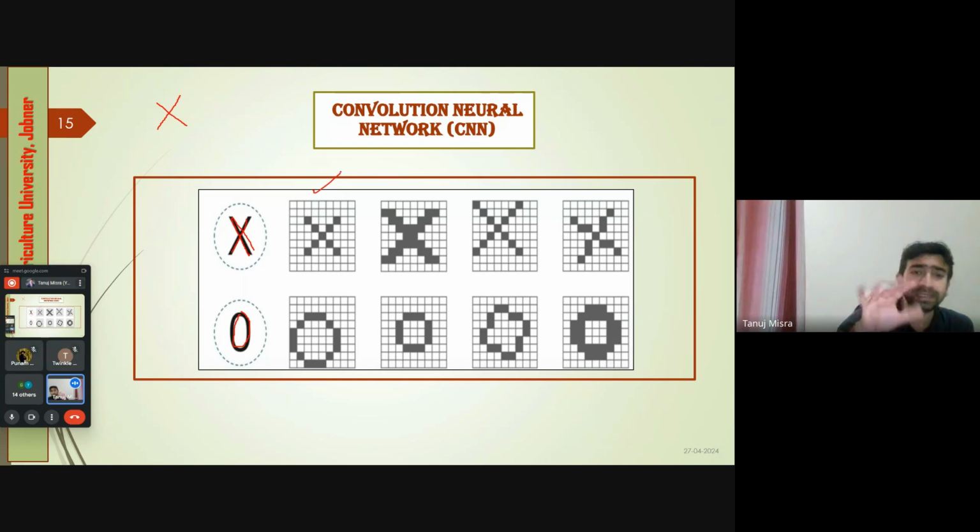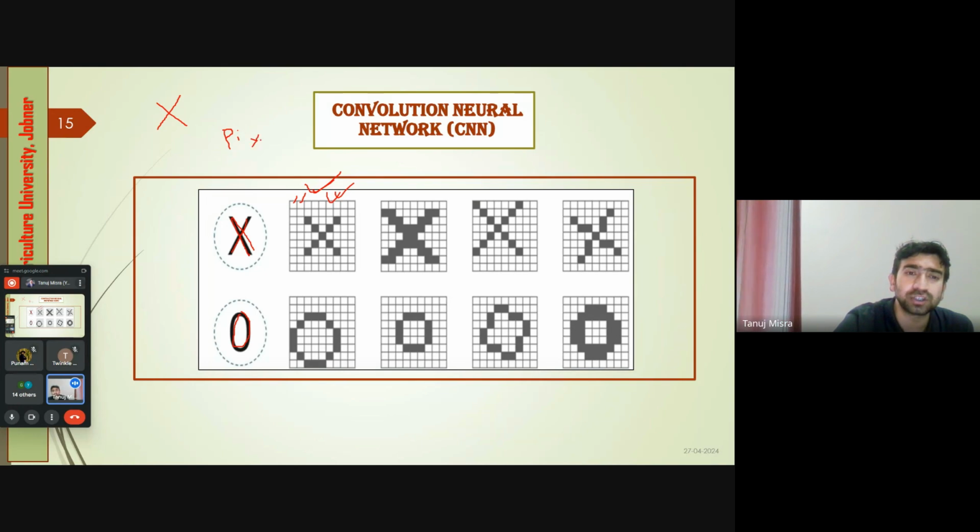If we write X on a paper and take a photo, an image, and open that image through software, we'll see the image as pixel grids, and each cell we call a pixel.